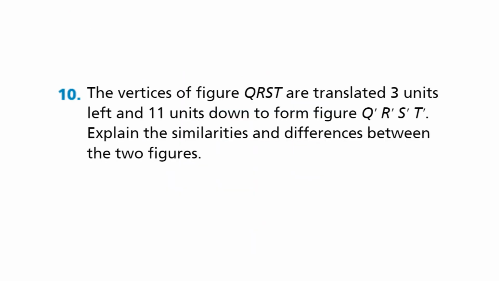For number 10, the vertices of figure Q, R, S, and T are translated 3 units left and 11 units down to form figure Q prime, R prime, S prime, and T prime. Explain the similarities and the differences between the two figures. So for similarities, they are the same shape. They are also the same size.